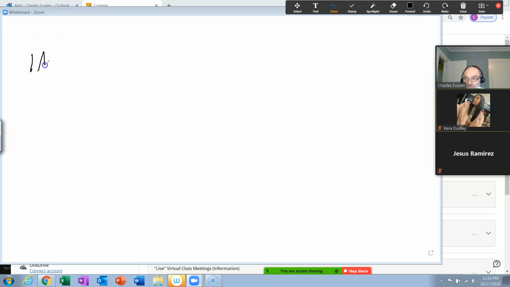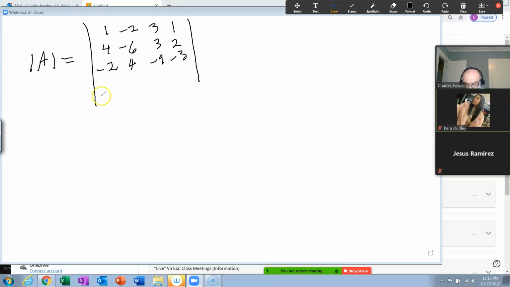So here's determinant of A: 1, negative 2, 3, 1; 4, negative 6, 3, 2; negative 2, 4, negative 9, negative 3; and 3, negative 6, 9, 2. Frankly, doesn't look very inviting.